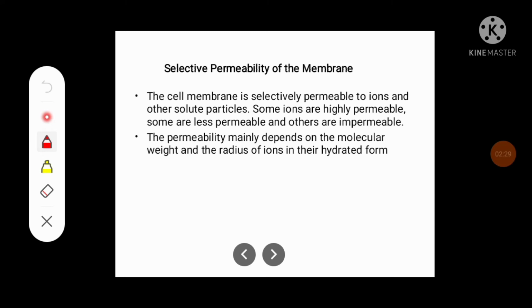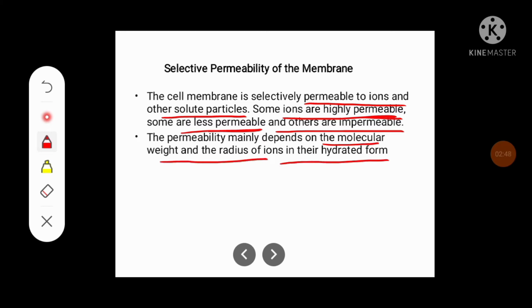The cell membrane is selectively permeable to ions and other solute particles. Some ions are highly permeable, some are less permeable, and others are impermeable. The permeability mainly depends on the molecular weight and the radius of the ions in their hydrated form.